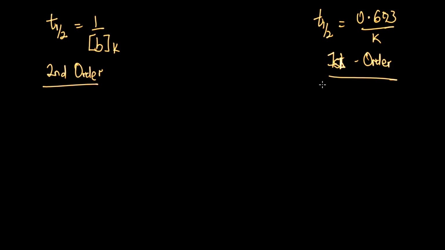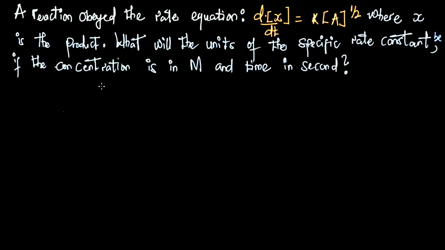So let's say the initial concentration of the reactant is B. So the time it takes for this concentration to decrease by half and then by half again is always a constant time. All right, so let's look at the question here above.